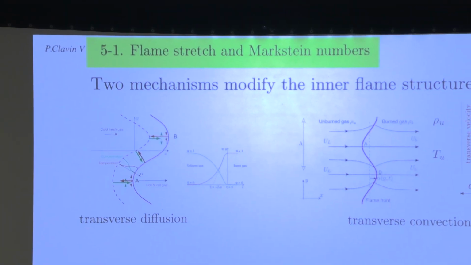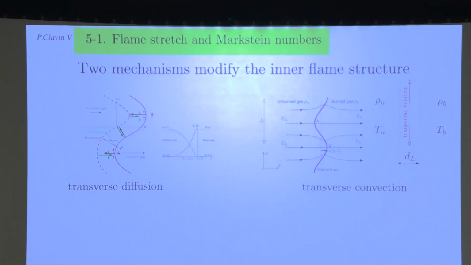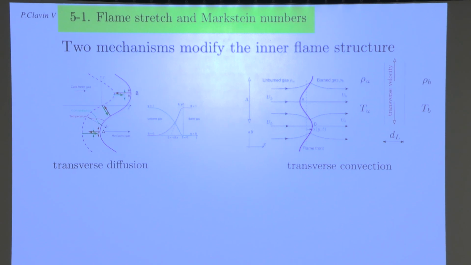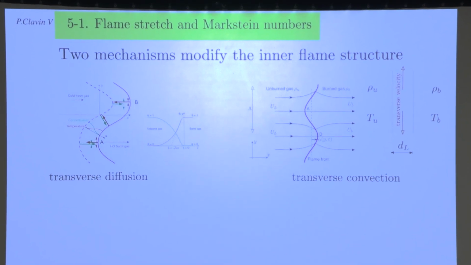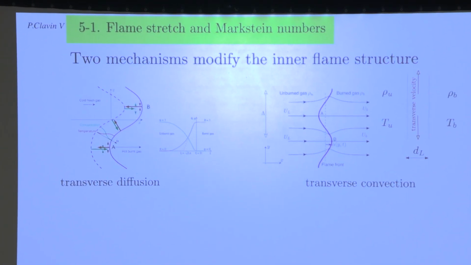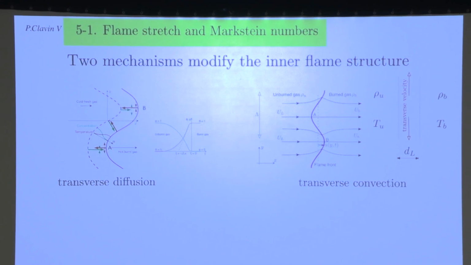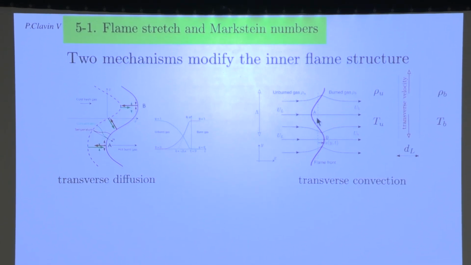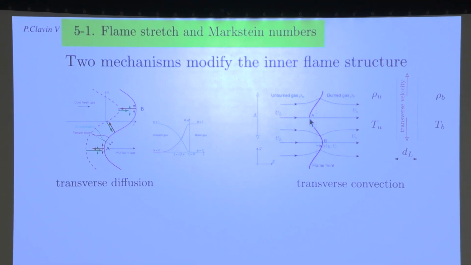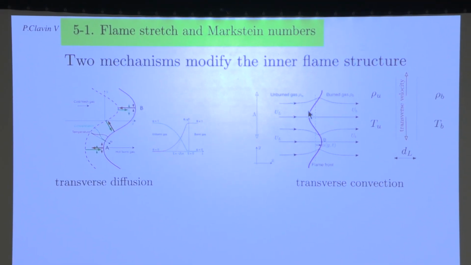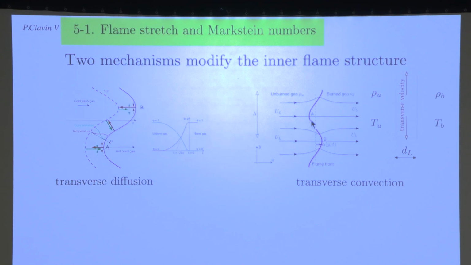Now this was the first one. The first effect inside the flame was diffusion. But there is another effect, which is a convective effect that you have inside. You see the flow here, you have a transverse component of the flow, and a gradient of the flow.